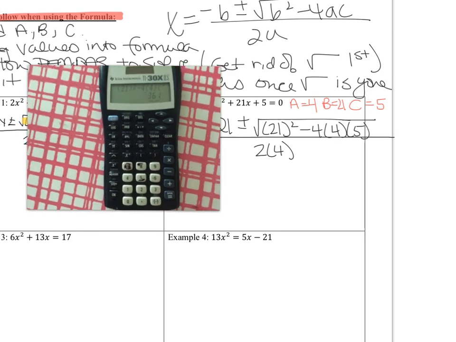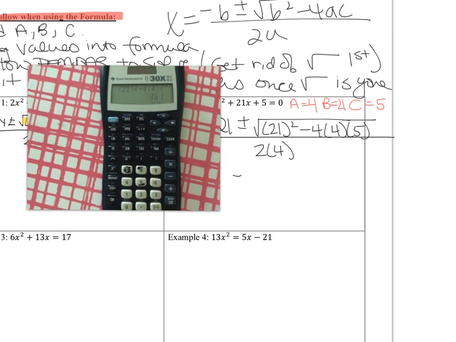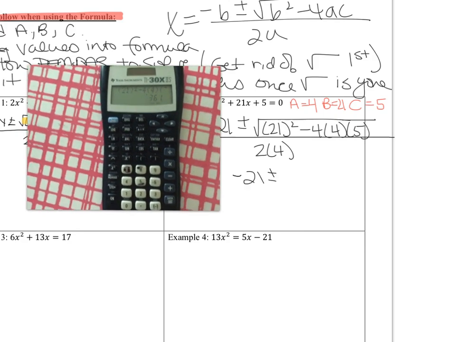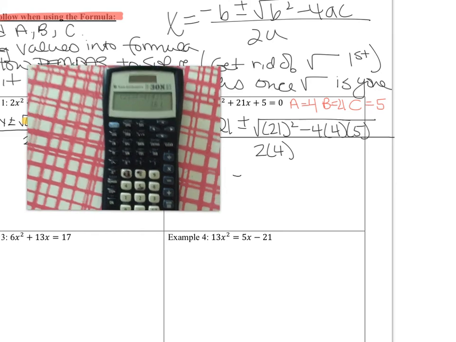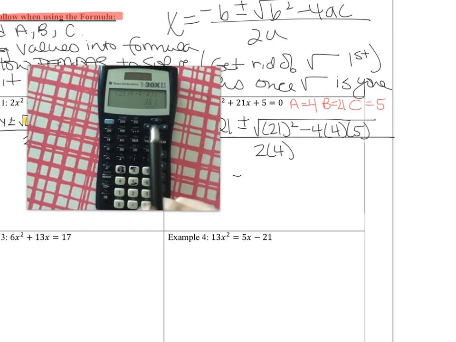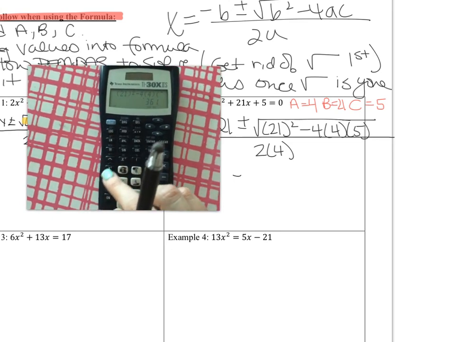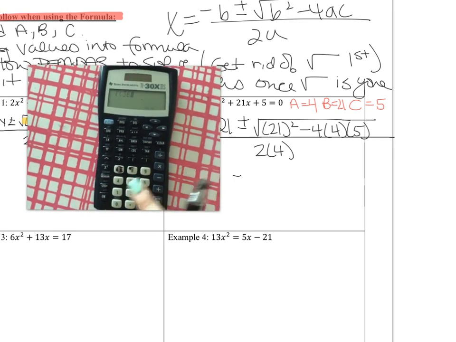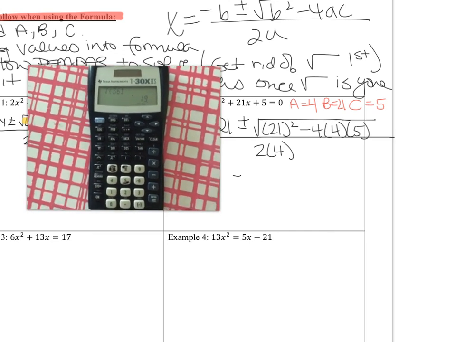And I get 361. So I have negative 21 plus or minus the square root of 361 all over 2 times 4, which is just 8. So I'm now going to do the square root of 361. So second x squared, 361, not 362, 361. I get 19.